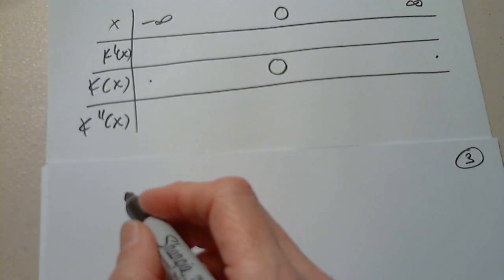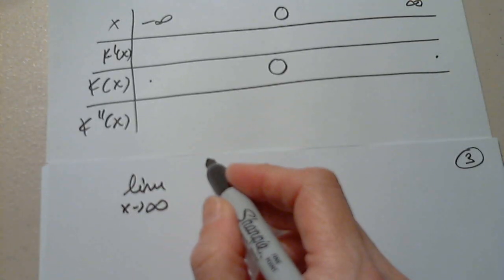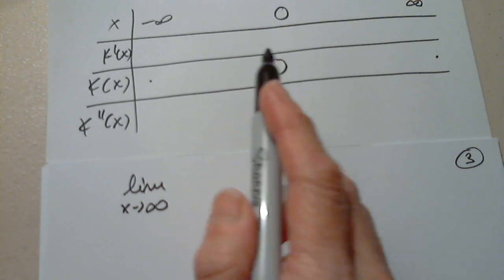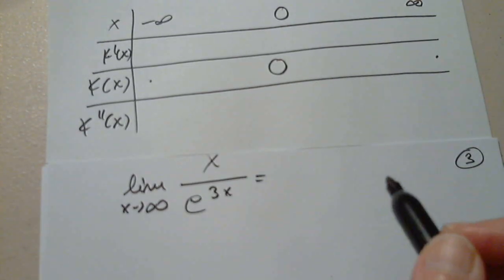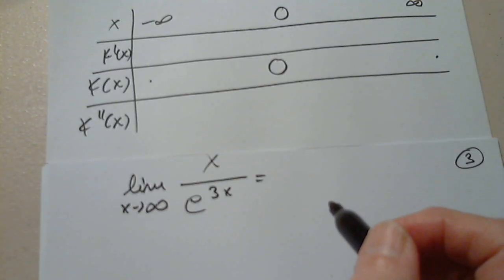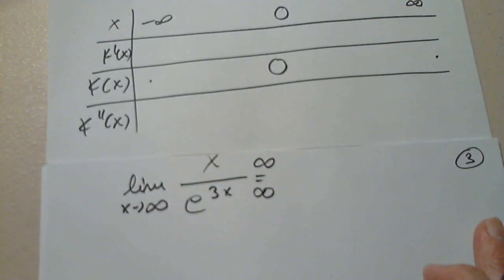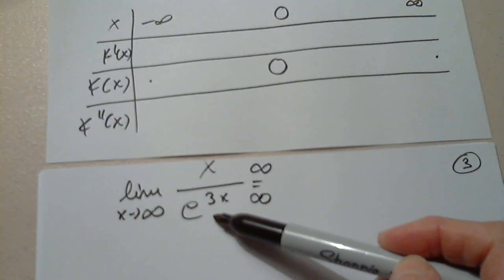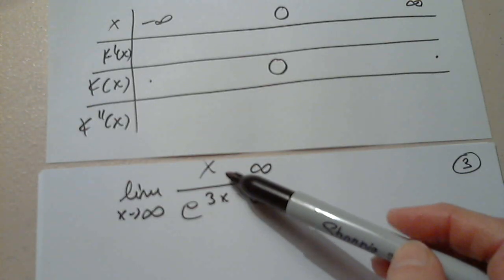So limit as x approaches infinity. What happens here, the numerator is infinity, the denominator is infinity. However, the denominator is way stronger than the numerator.